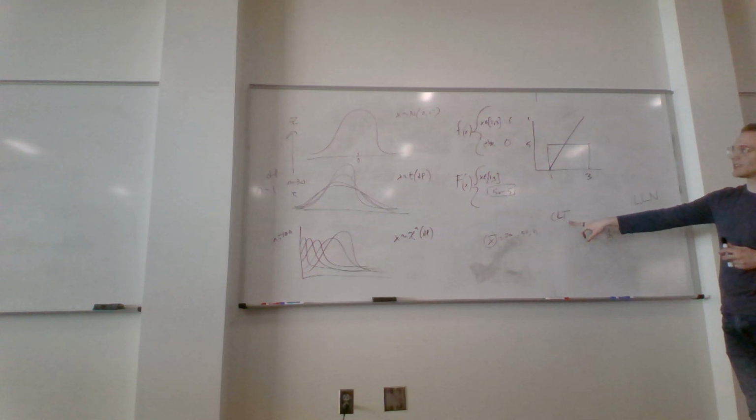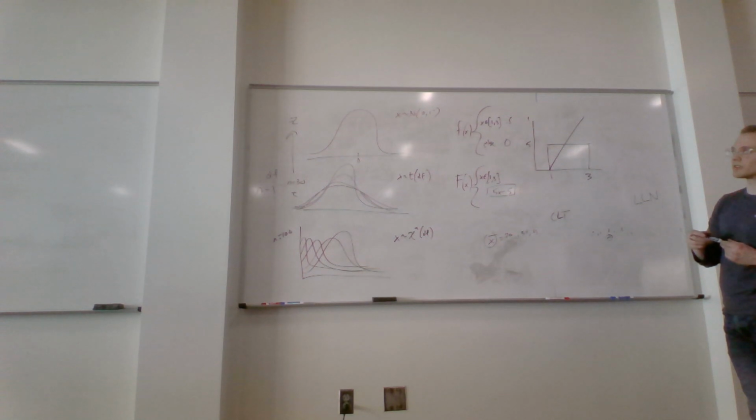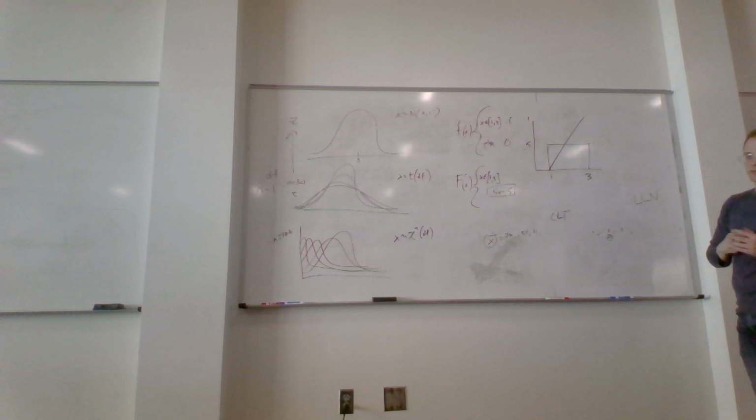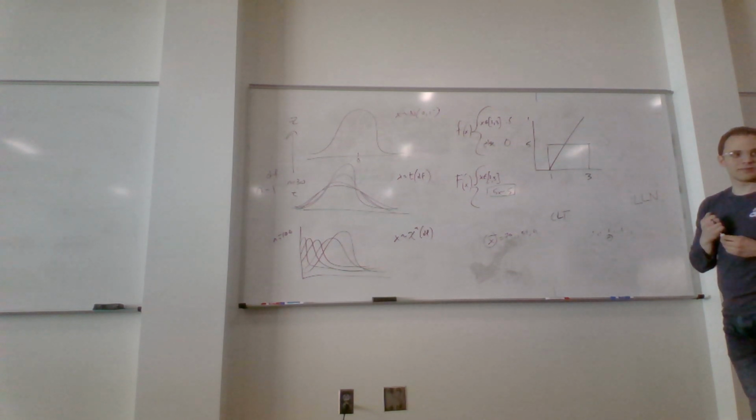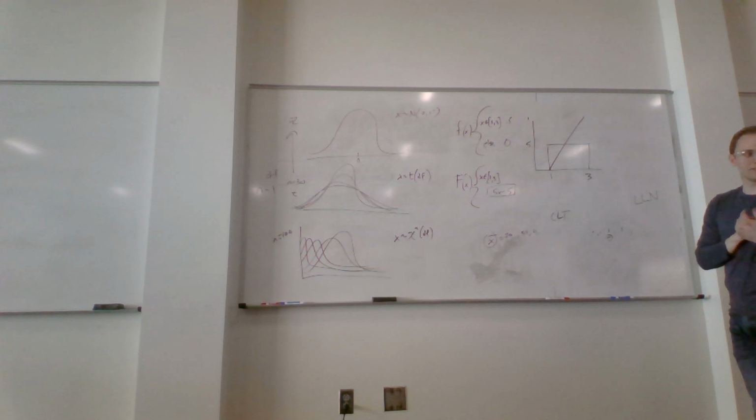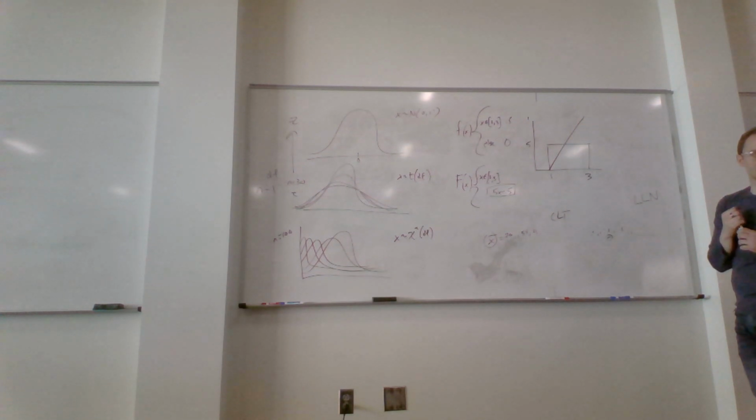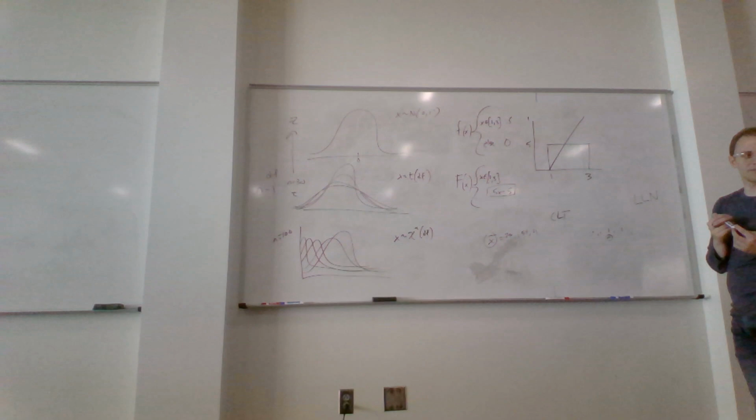Right, it's not standard, because standard is a special name for when the mean is 0 and the variance is 1, but it'll be normal. So the central limit theorem doesn't necessarily say that the mean of the normal distribution we're getting from the sample means is close to the true mean of the population. Correct. That's only the law of large numbers.